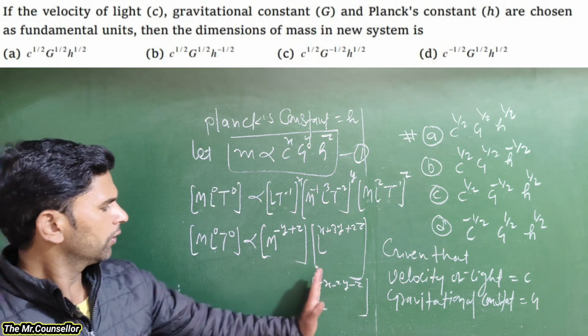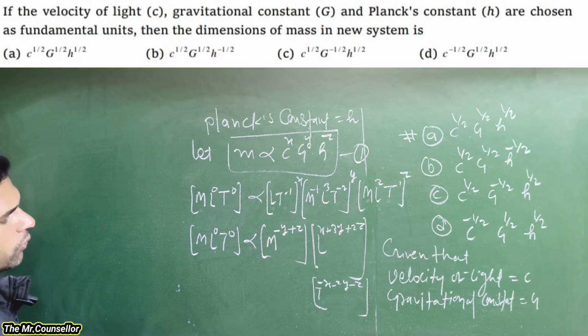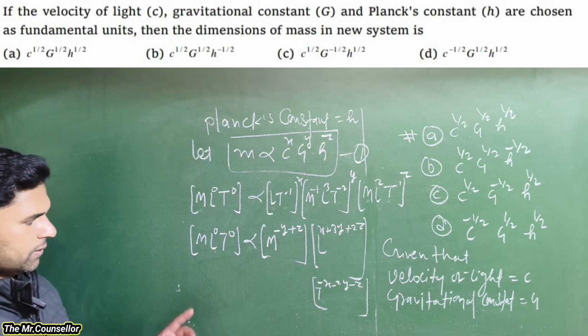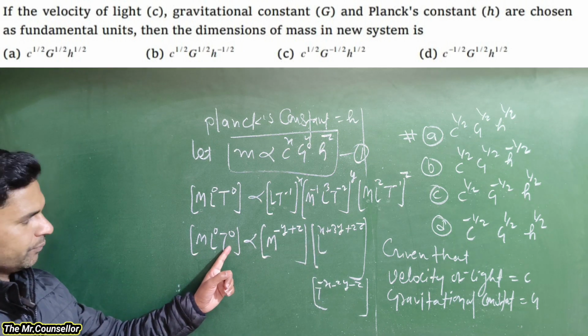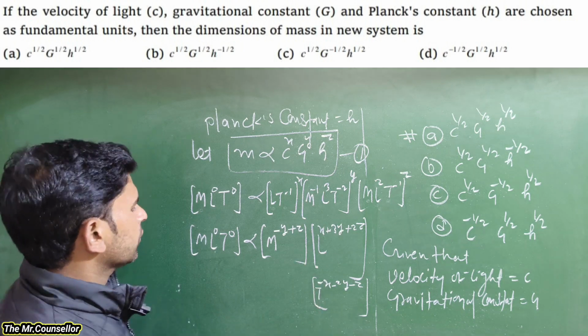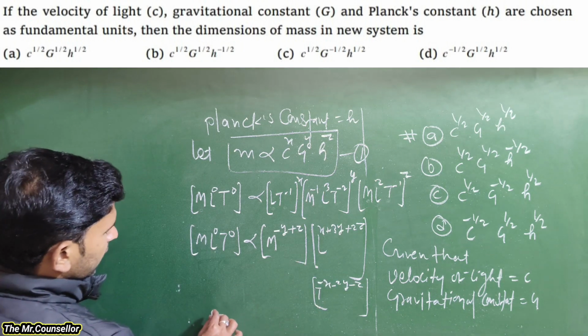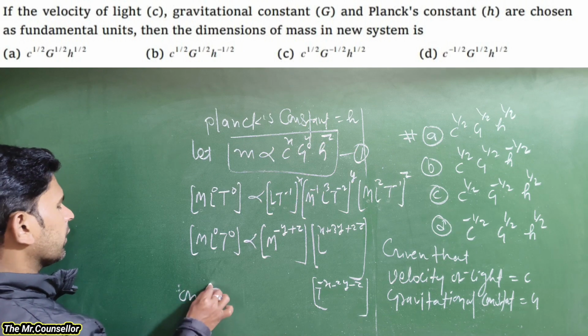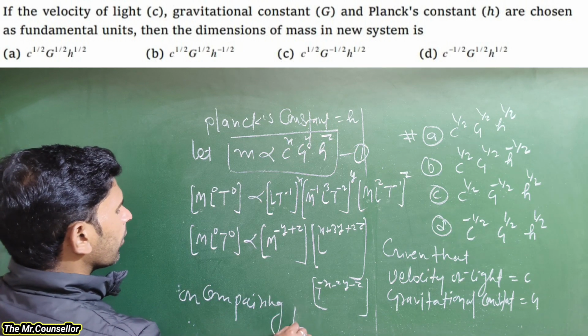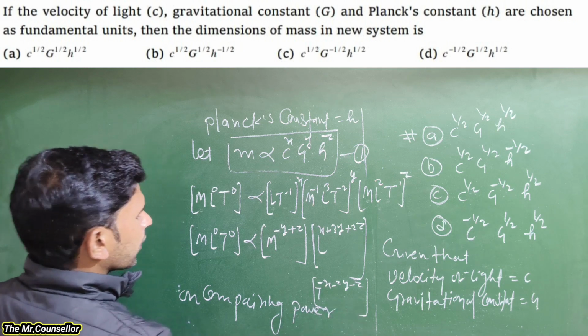After this what are you going to do? You are going to compare the powers of all these M, L and T, comparing the left hand side with the right hand side. So on comparing powers.